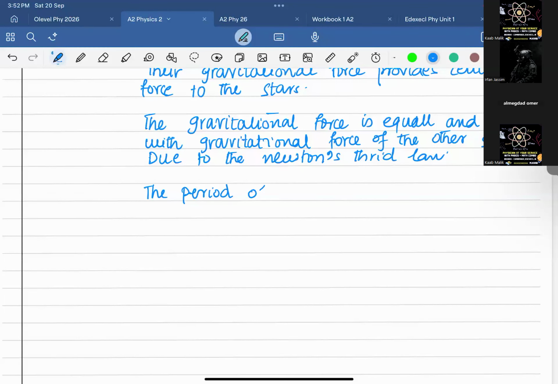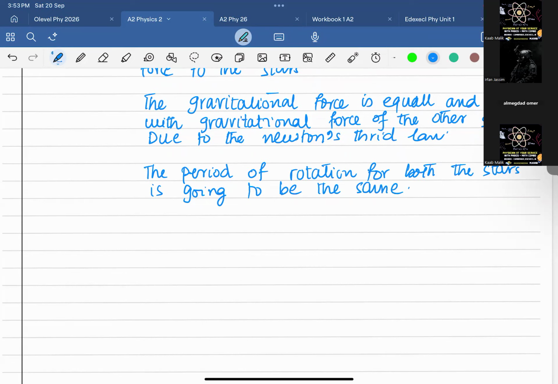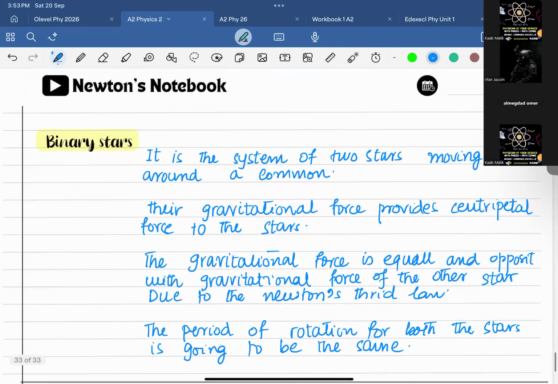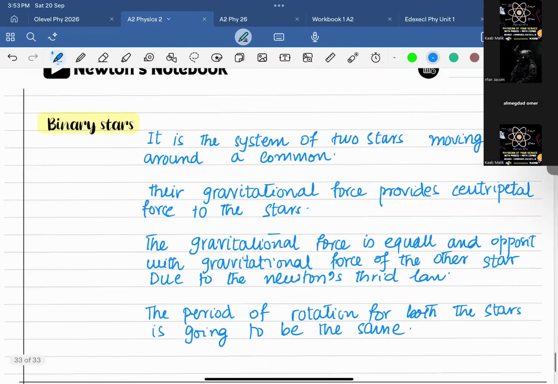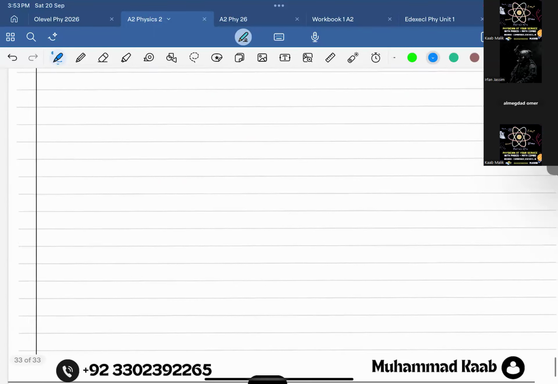The period of rotation for both the stars is going to be the same. Okay, so this is the whole concept of binary stars: two stars moving around a common center.